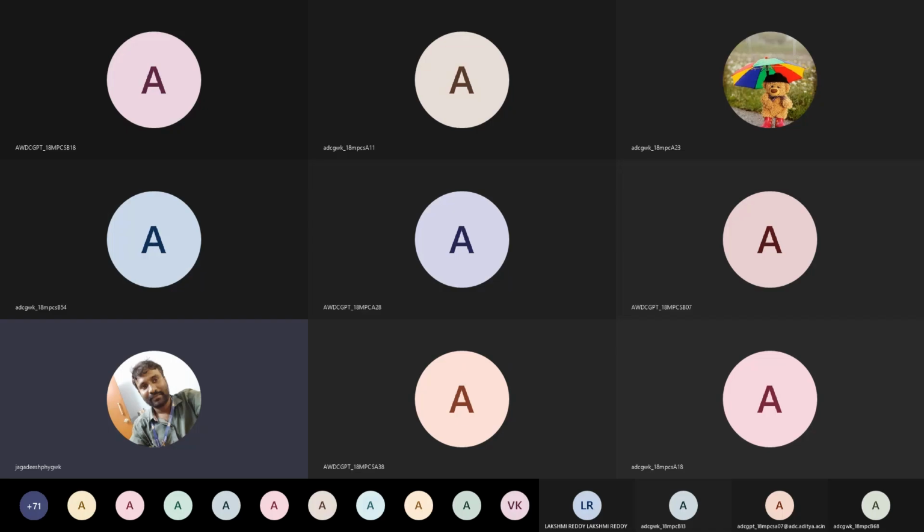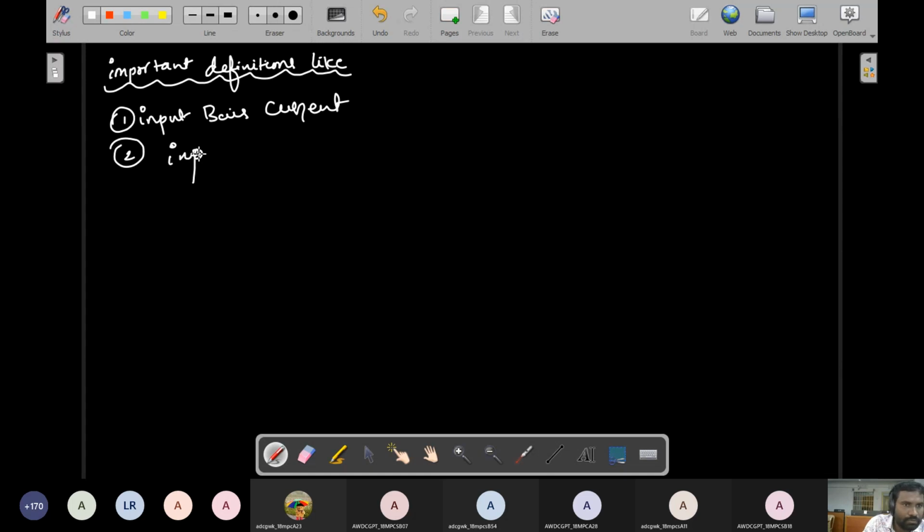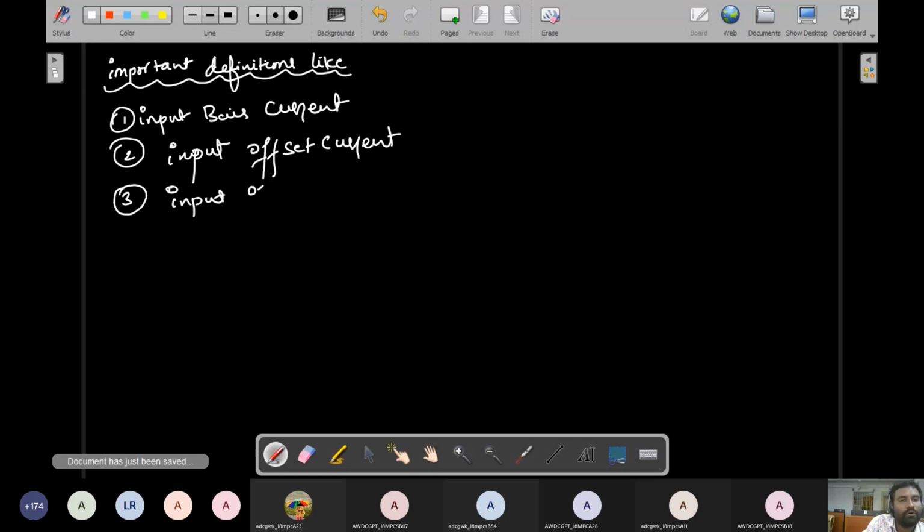We are discussing some important definitions: input bias current, second, input offset current, and third, input offset voltage.